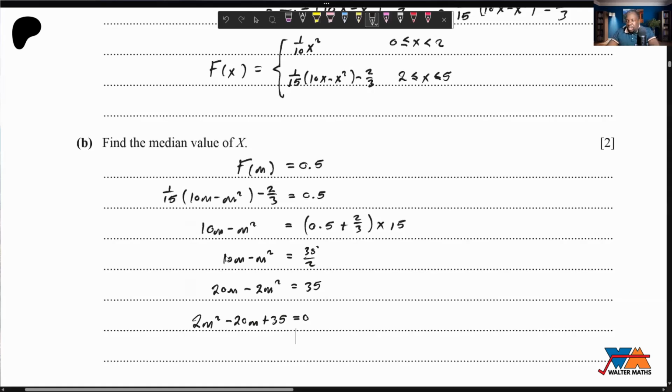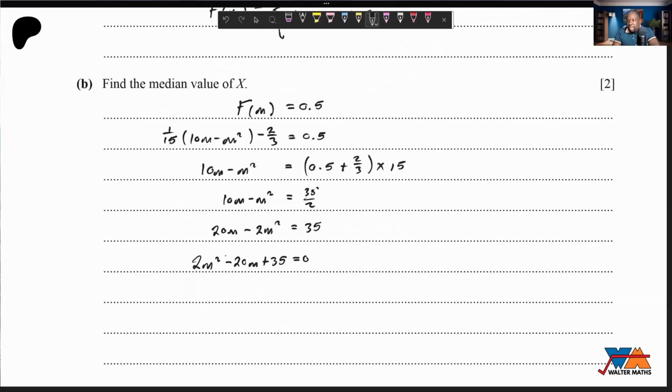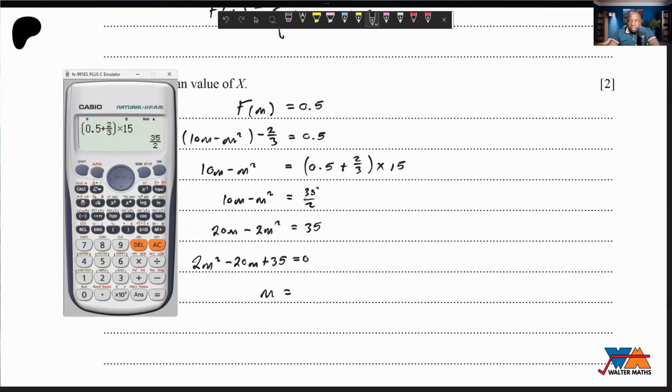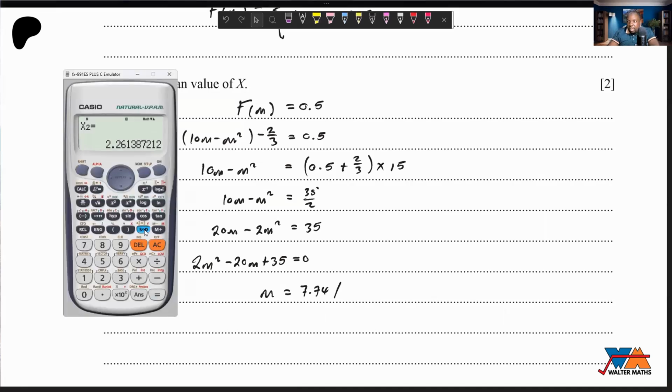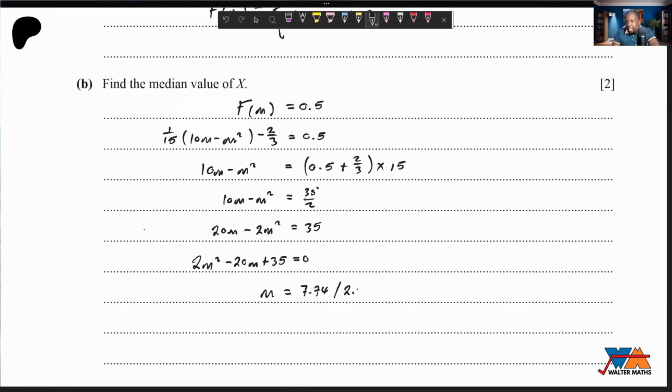All right, so we're now going to solve this equation. I'll just use my calculator for convenience. So mode 5 and 3, so 2, negative 20, 35, and I get the values to be 7.74 and the other one 2.26.